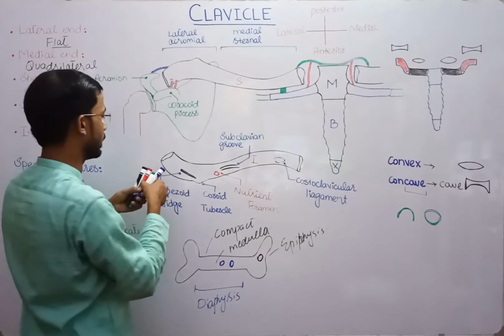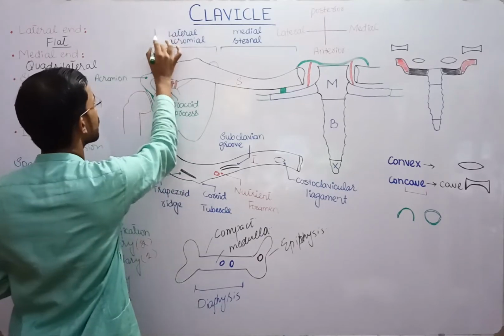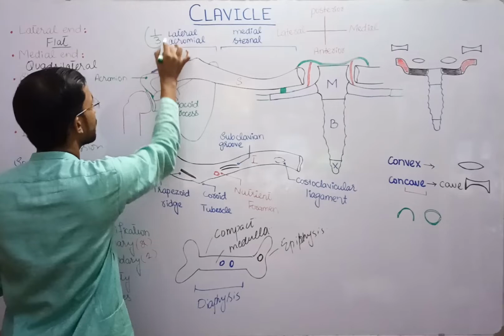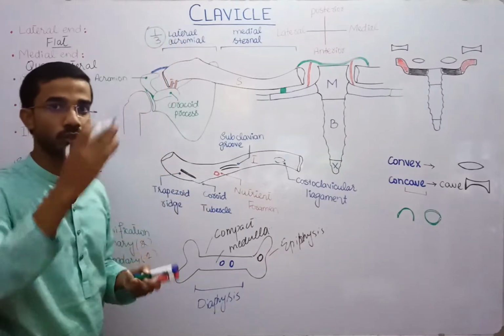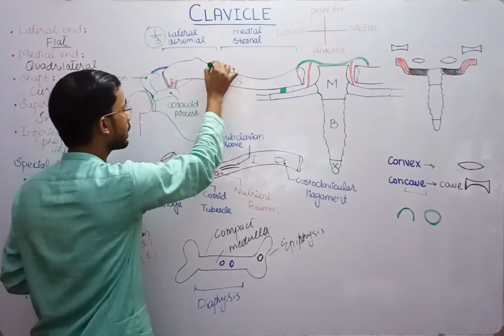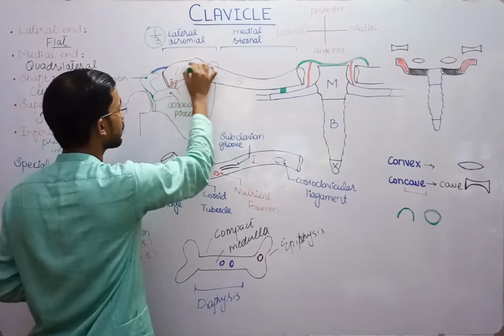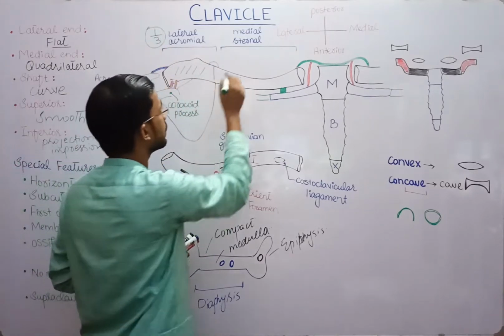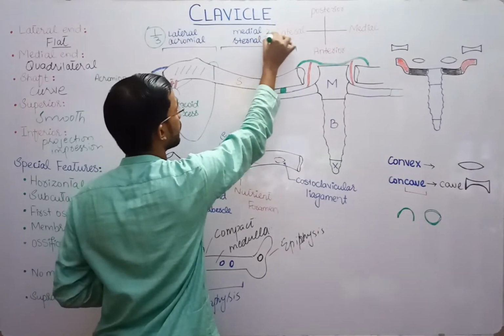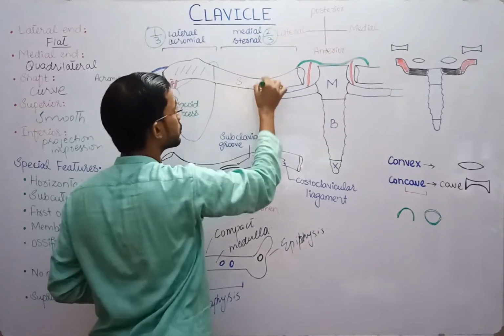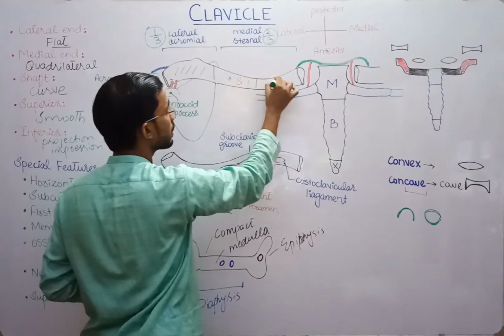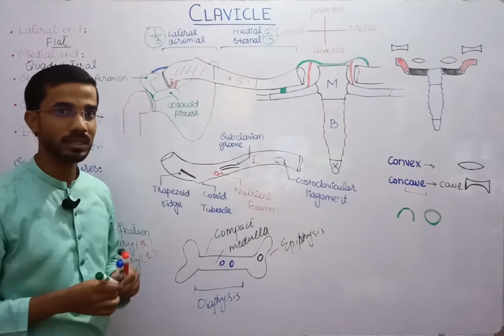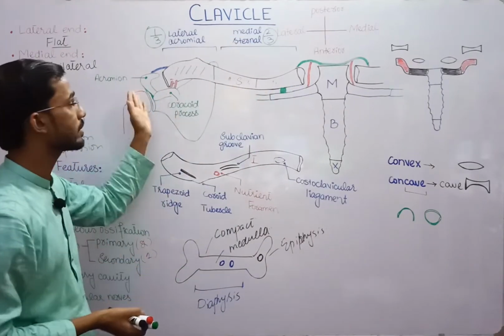It is 1/3 and 2/3. It means we divide the clavicle into three parts. The first part will be for the lateral, and 2/3 means the next two parts will be for the medial side. So this is the lateral and the medial.